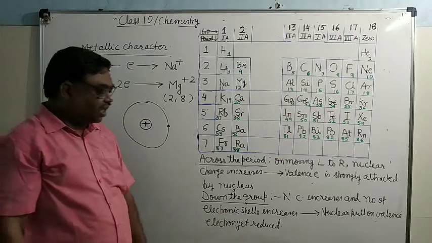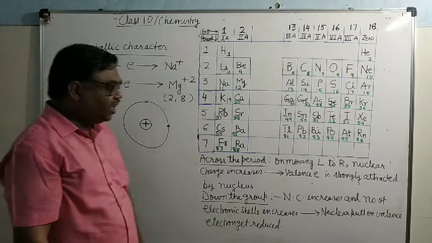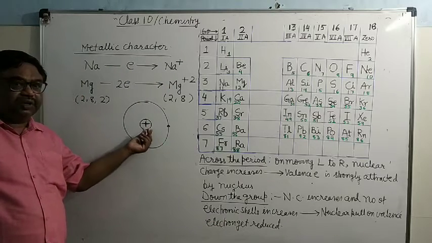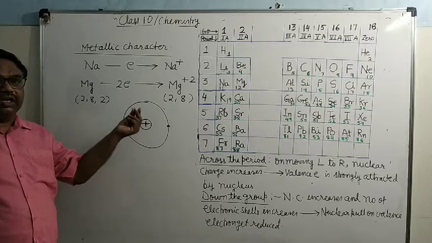And when the valence electron goes far from the nucleus, it will experience a smaller nuclear pull.